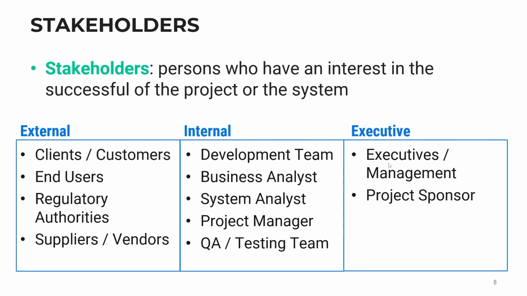Sometimes it is the executive of your client or customers, because they are the ones that pay for the product, so they could be interested in the success of the project too. The other one is the project sponsor. A project sponsor is a senior level individual or even an entity. It could be an organization, another company, that basically sponsors the project.